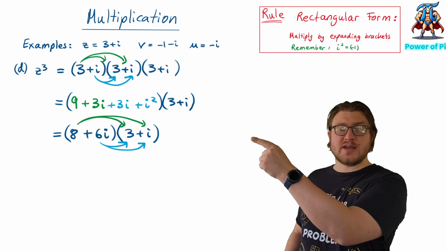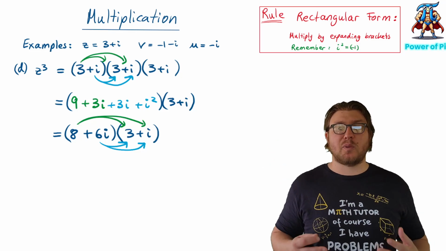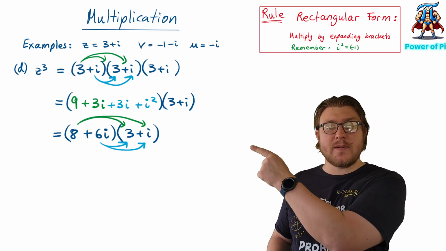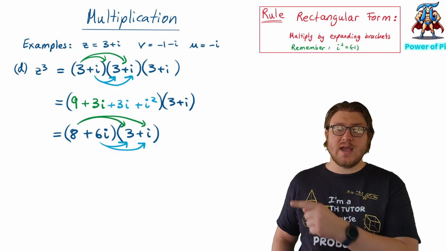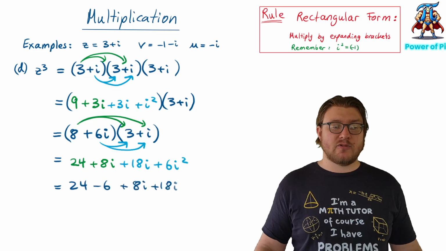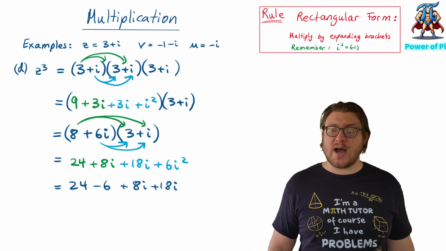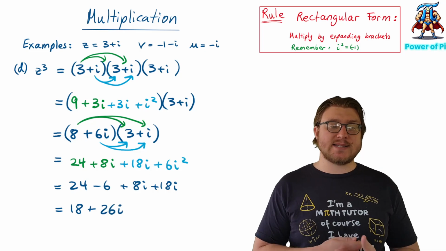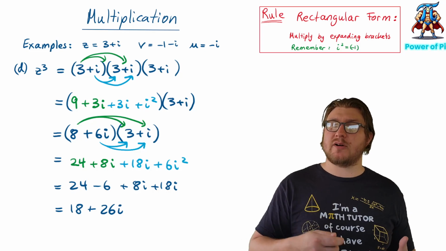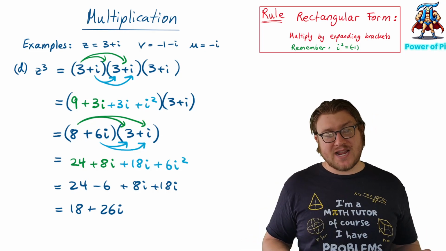Here it's important that you simplify first. So put the i and the non-i terms together. And remember, i squared is -1. And now we can simplify another pair of brackets, and replacing the i squared with -1, we get to our final answer, 18 plus 26i. Now this requires a few steps.